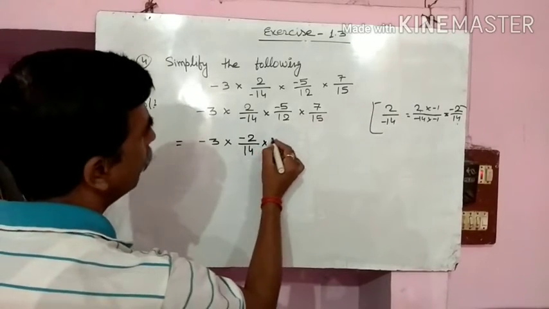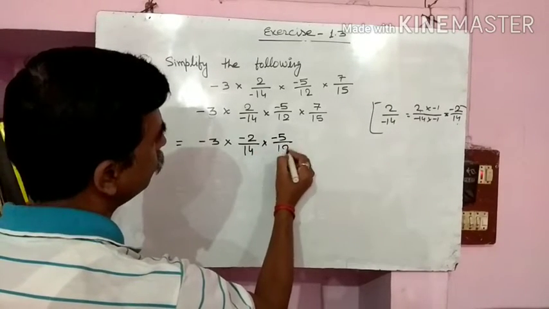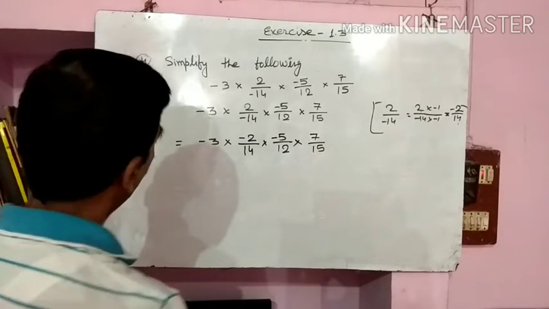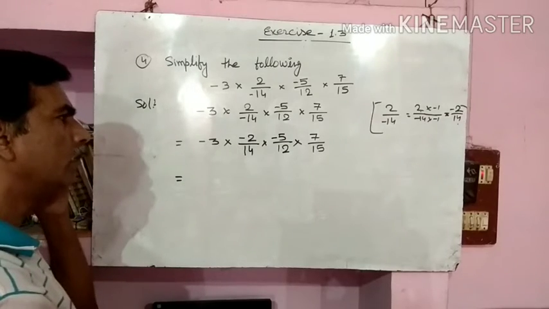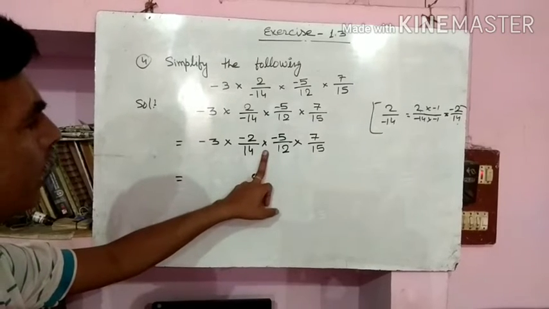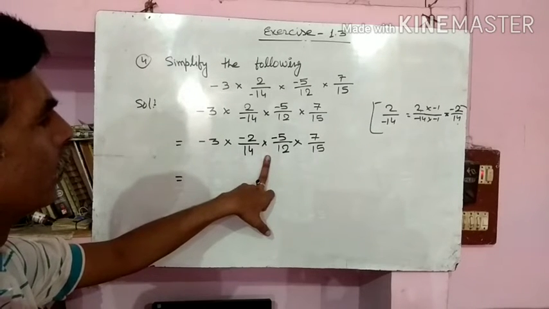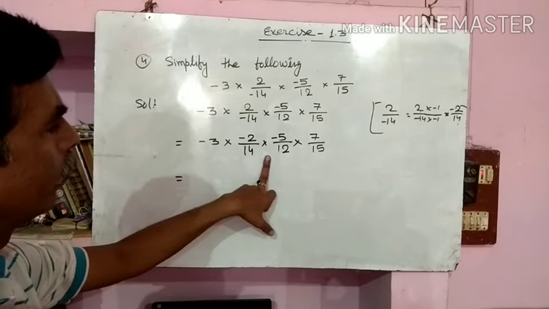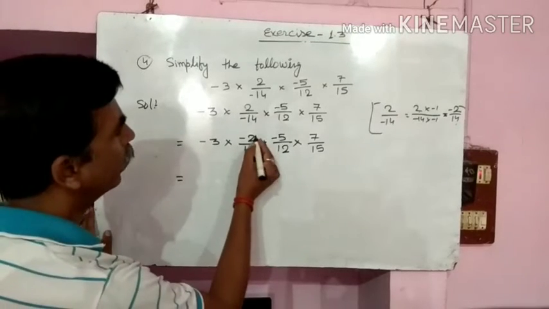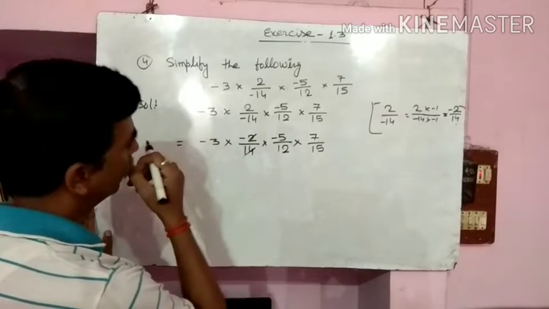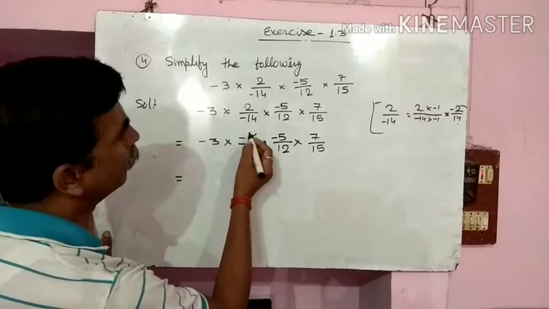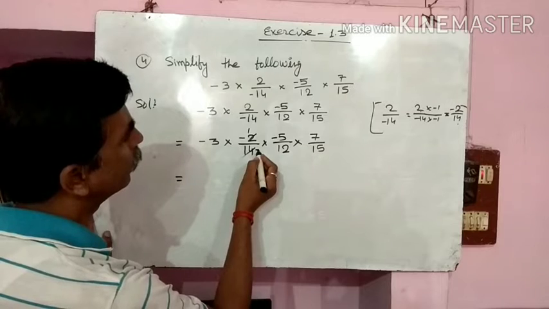Okay, the next one is minus 5 by 12 and 7 by 15. What we discussed now in the previous question, that if the numbers are written in the form of rational numbers and there is a sign of multiplication between them, then you can divide the numerator and denominator of two different rational numbers. Now here we can cancel: 2 ones are 2 and 2 sevens are 14.